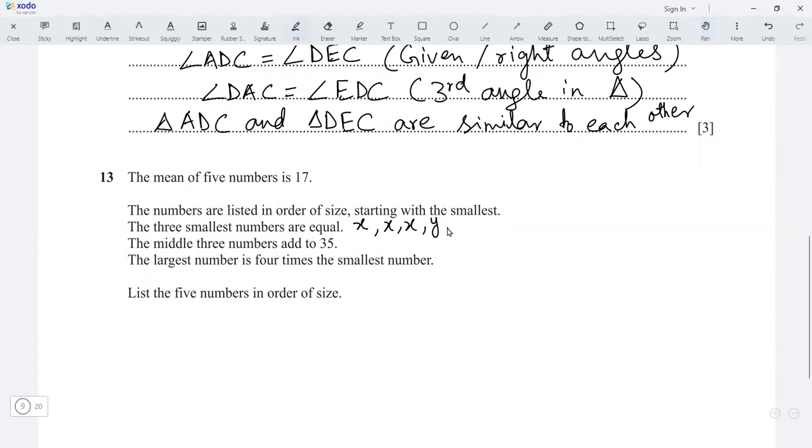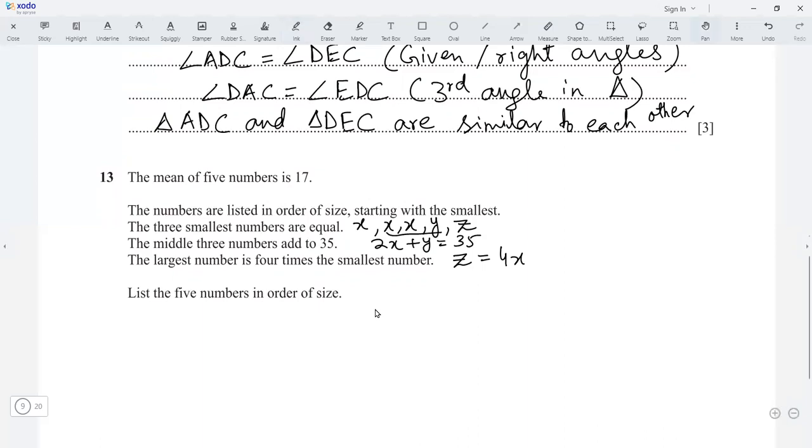Next up, the largest number is four times the smallest. So we can say the largest is z, and they're saying that it is four times the smallest, so it can be written as z equals 4x. Similarly, this information can be written as the middle three numbers are x, x, and y. So we can say 2x plus y equals 35.